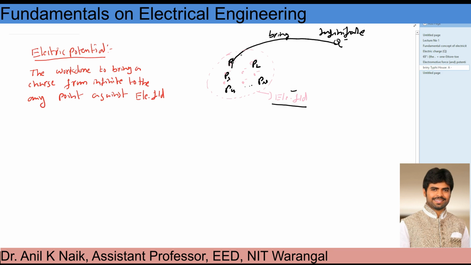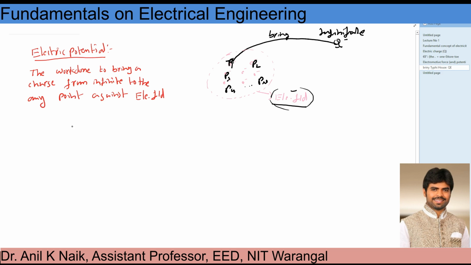Then how much work I have done to bring this charge from infinite position to my point P1 against this electric field is called the electric potential at this particular point.